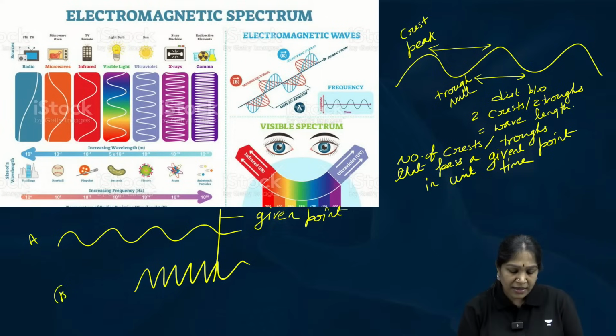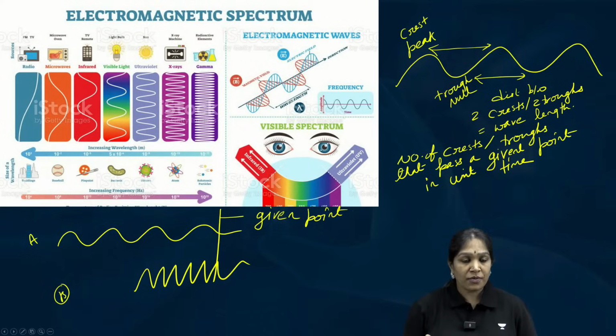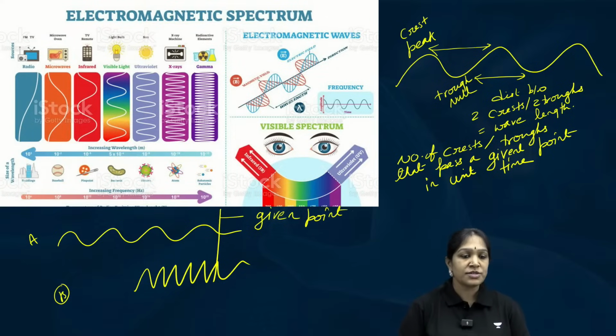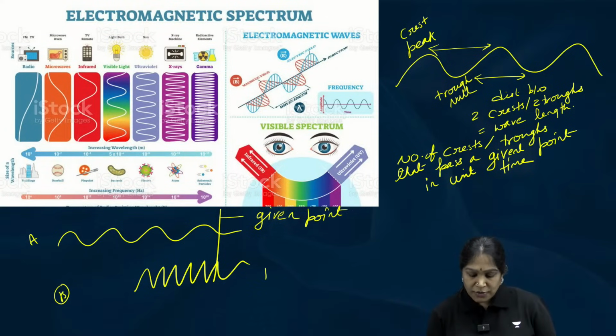A, B. In which wave, A or B, more crests or troughs pass through the given point in 1 second? A or B, in which wave more crests or troughs pass through this given point in 1 second? Yes. So this is high frequency.